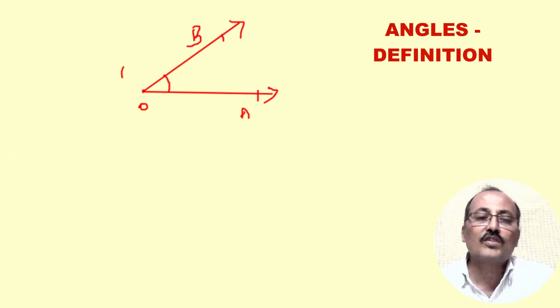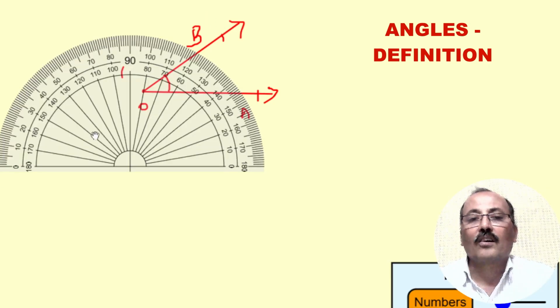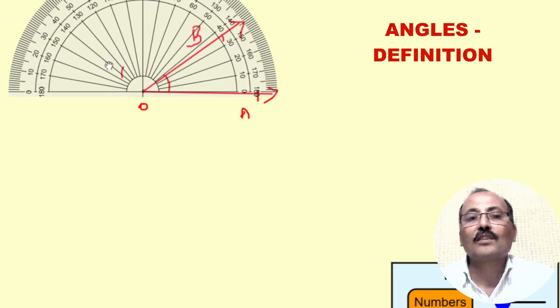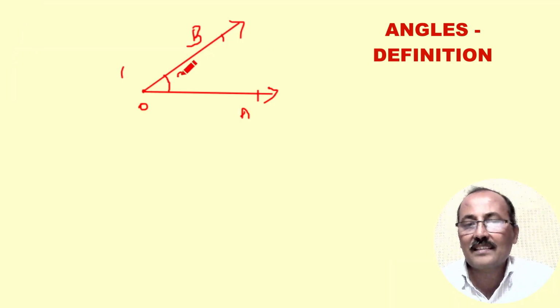For that you ought to use the protractor. Let me measure that one also and show you. Now you see this angle is between 30 and 40. From 0 if you count, it will come near 36. So 36 degrees is this angle.